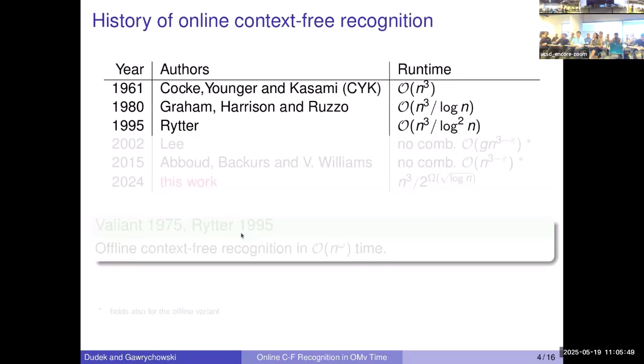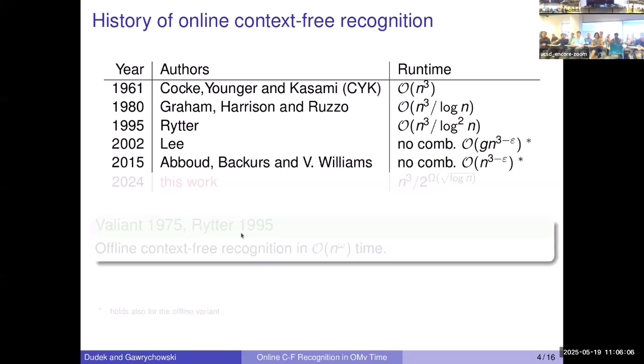Now let me describe the history of this problem. We have the classic CYK dynamic programming algorithm from the early 60s, which has been improved only by logarithmic factors. Later lower bounds appeared for combinatorial algorithms, and the best one so far is that there is no combinatorial algorithm that runs in truly subcubic time.